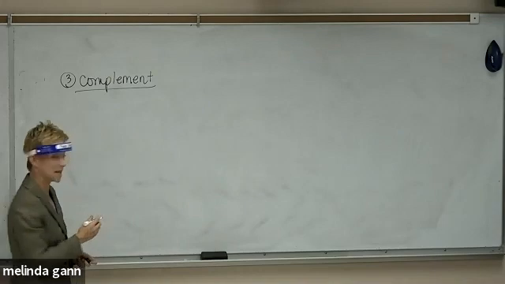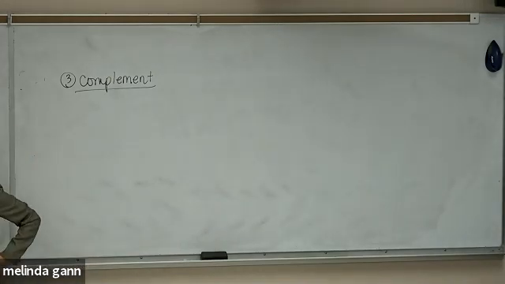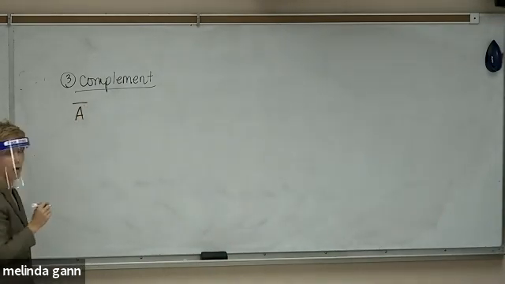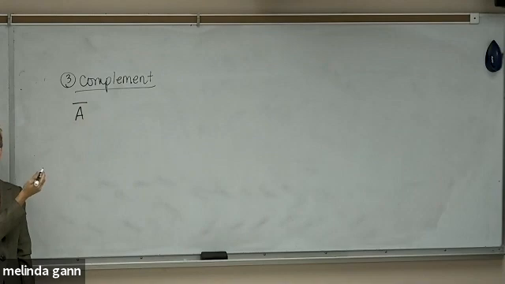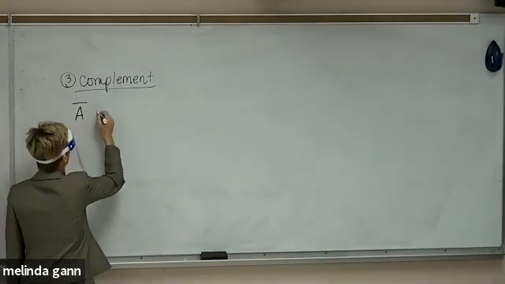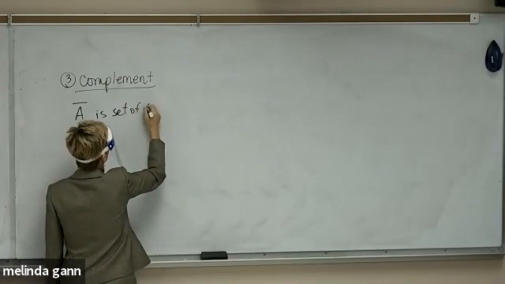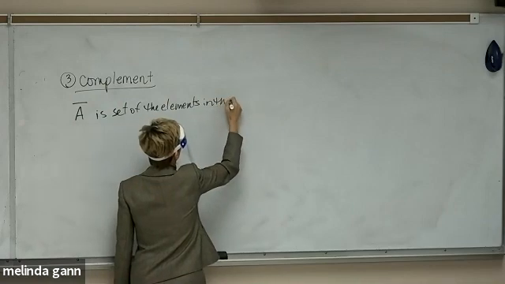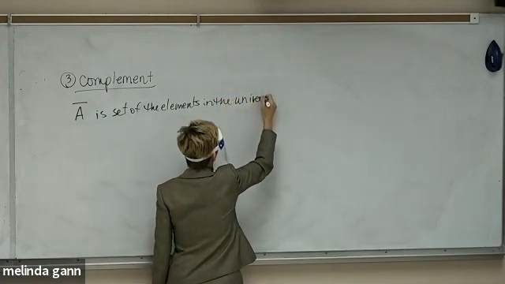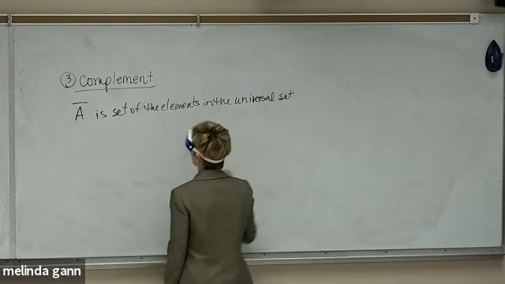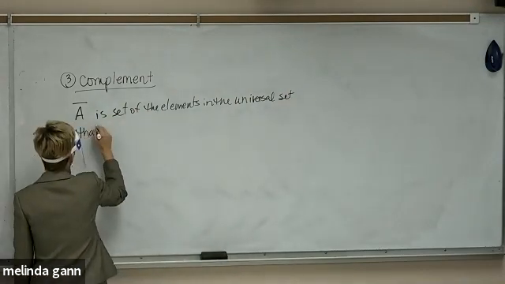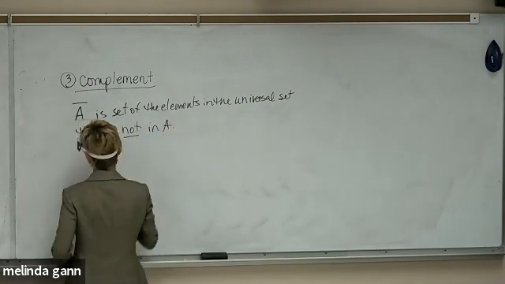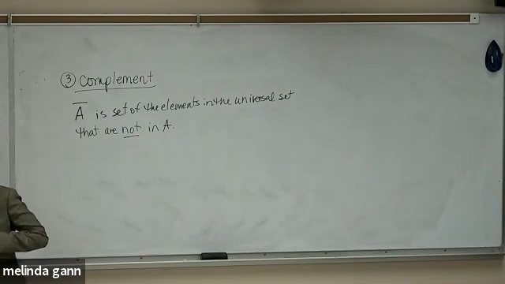The symbol, there's lots of symbols for complement. I'm going to use a bar because your book uses bars. So if it had something like this, a bar, that means the complement of set A. It's the set of all the elements in the universal set that are not in A. In other words, it's like the universal set with A deleted.